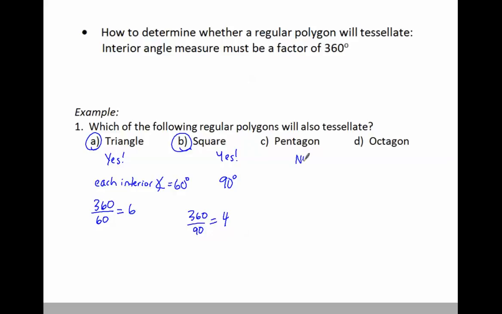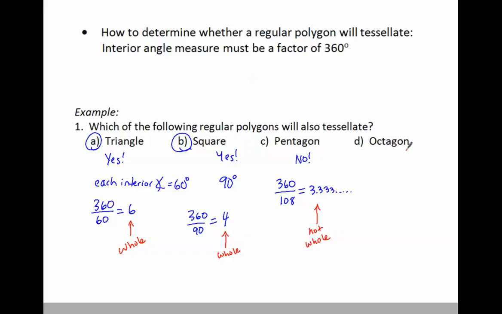Pentagon? No. Why not? Well, 360 divided by 108 came out to about 3.33, not a whole number, right? When we divide it into 360, whole number. When we divide it into 360, not a whole number.